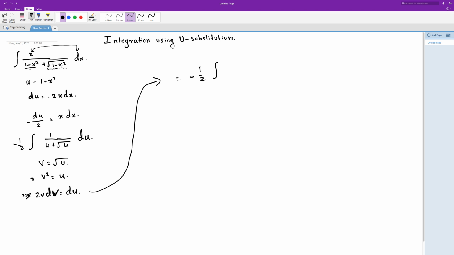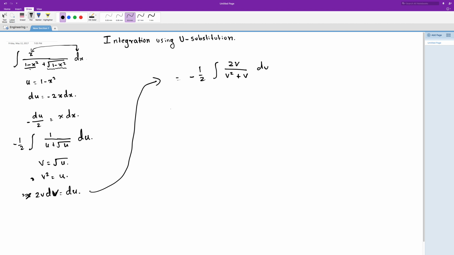In the bottom, we have u, so instead of u we put v square, plus, instead of root u, it's going to be v. So this is the new equation that we have.